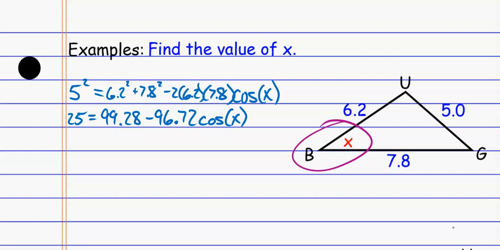I'm going to subtract the 99.28 from each side. Again, use your calculator for this. It gives me a negative 74.28 equals the negative 96.72 times cosine of x. Sorry, I should be showing this on the calculator.